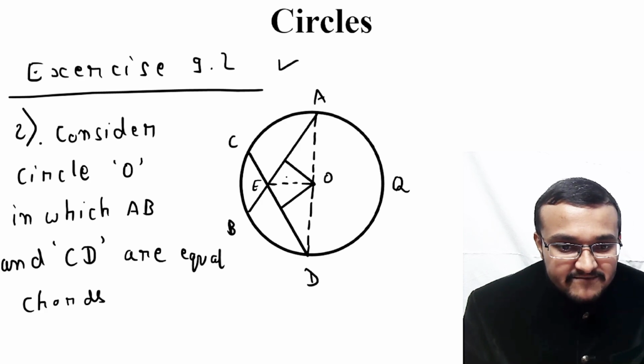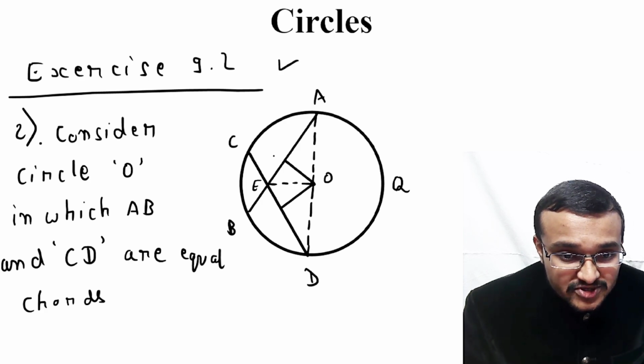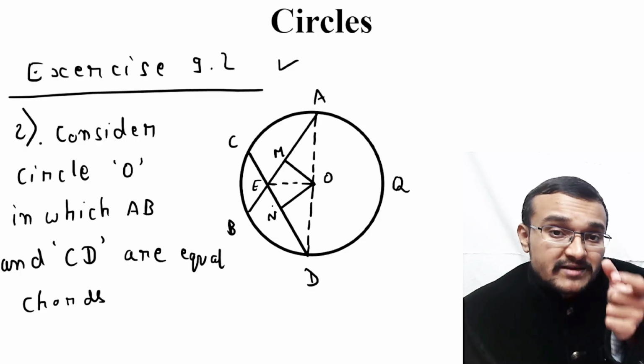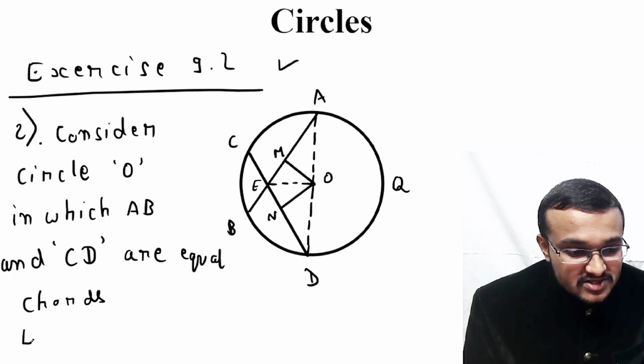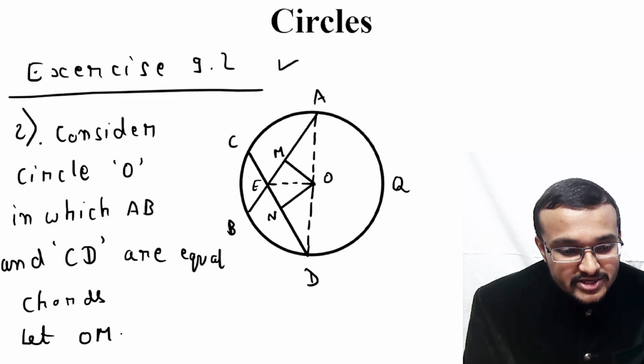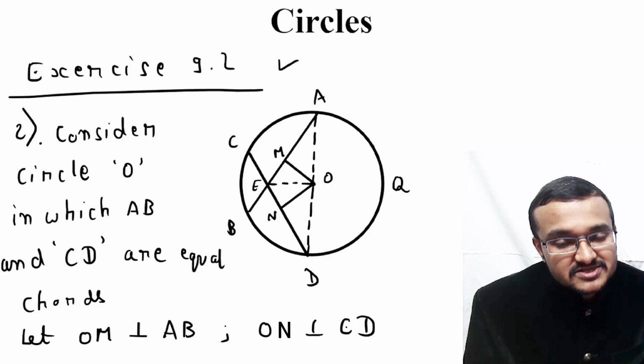Let's name these points M and N. So let OM be perpendicular to AB and ON be perpendicular to CD.